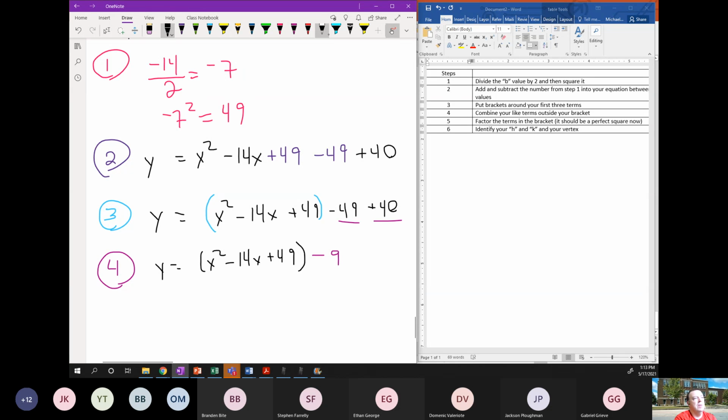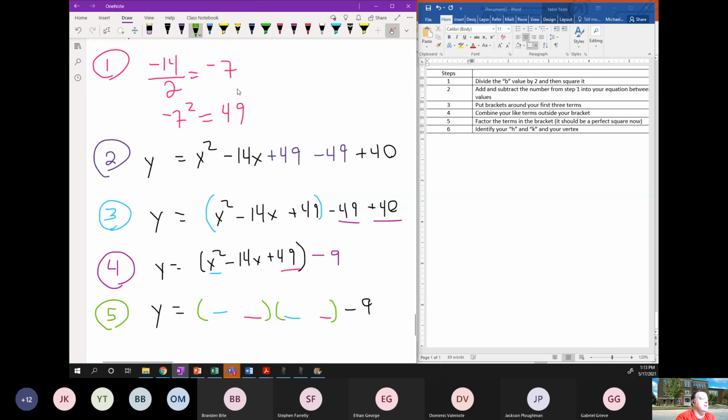Then step 5 says factor the terms inside the bracket. They should be a perfect square. So who wants to tell me what's going to go inside my bracket? What numbers multiply to make this, and also make this? -7s?